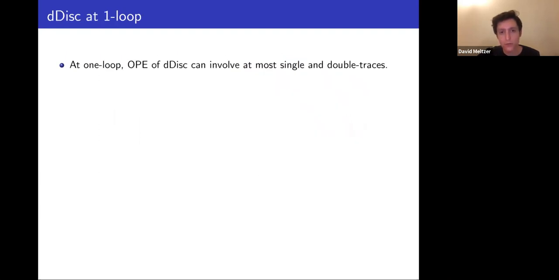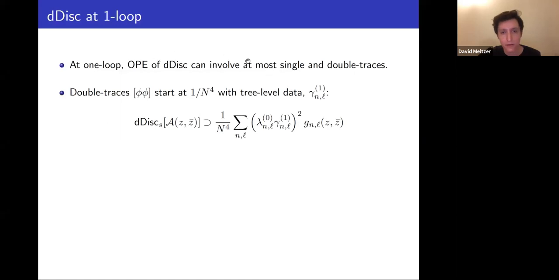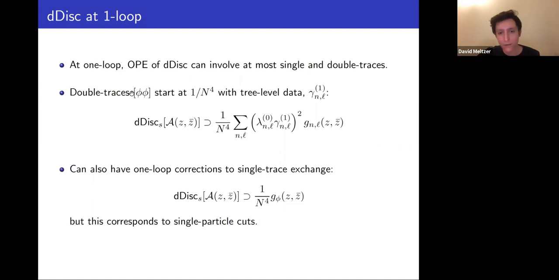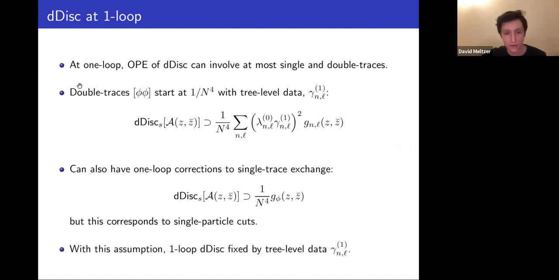So at one loop, my d-disk can involve at most single and double trace operators. So the double traces start at 1/n to the 4th with their tree level anomalous dimensions. And this just comes from the sine squared factor. I can also have one loop correction to single trace exchange, but this corresponds to a single particle cut. So let's ignore that for the moment. I'll come back to this later though. So with this assumption, the one loop d-disk is fixed in terms of just my tree level anomalous dimensions.